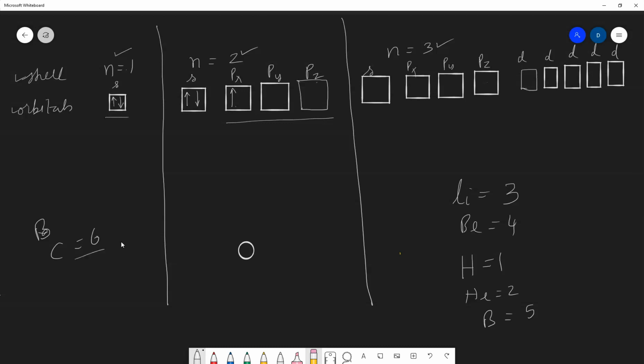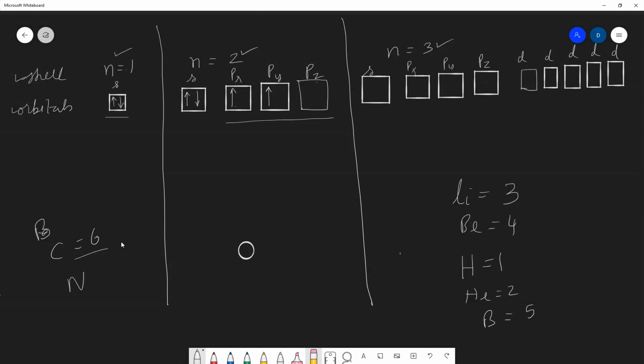So what happens in the case of carbon? The 6th electron will go to the next orbital. It will never go to the px, because px already has an electron and it will repel. To avoid that, the 6th electron of carbon will occupy an empty orbital.